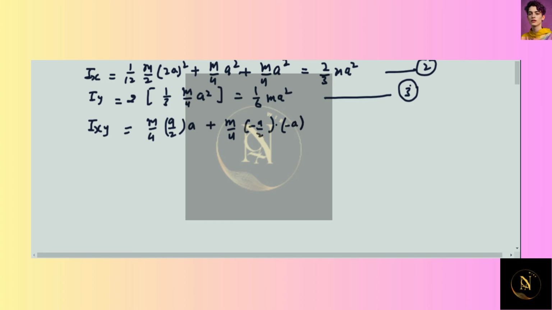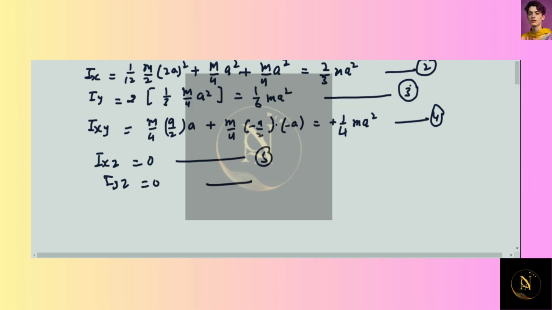So it becomes positive 1 by 4 ma square. Ixz is equal to 0 and Iyz is equal to 0.